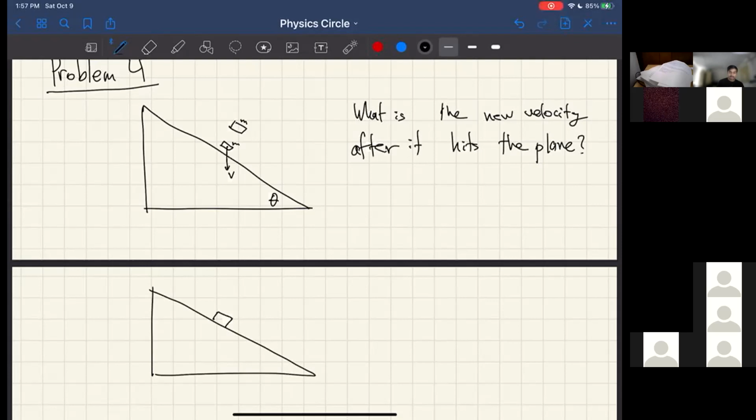What forces are acting on this object as it falls on? What forces? Normal force, good. Gravity, good. And friction, very good.